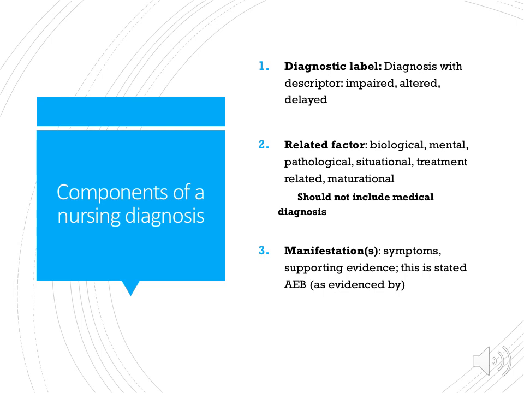It should include a biological, mental, pathophysiological, or situational treatment. Oftentimes you're describing a symptom of what that medical diagnosis has caused in that related factor. The manifestation is going to be the symptom supporting the evidence that is stated in the as evidenced by.